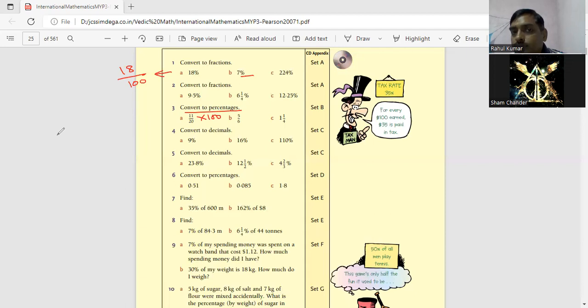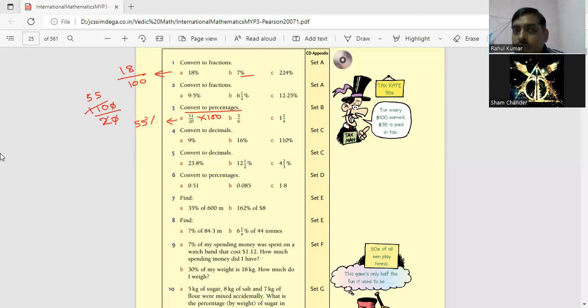So we'll have 1100 under 20. Yes, sir. And now you divide, cut the zero, and put 5 and 5. So this will become 55%.